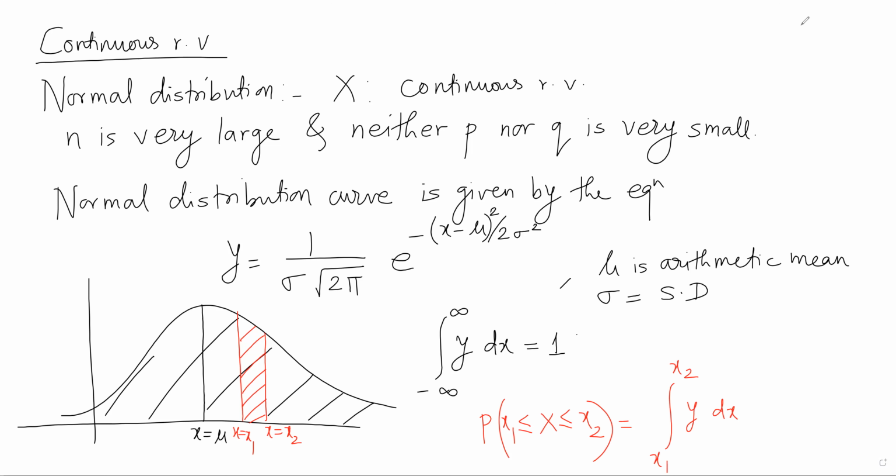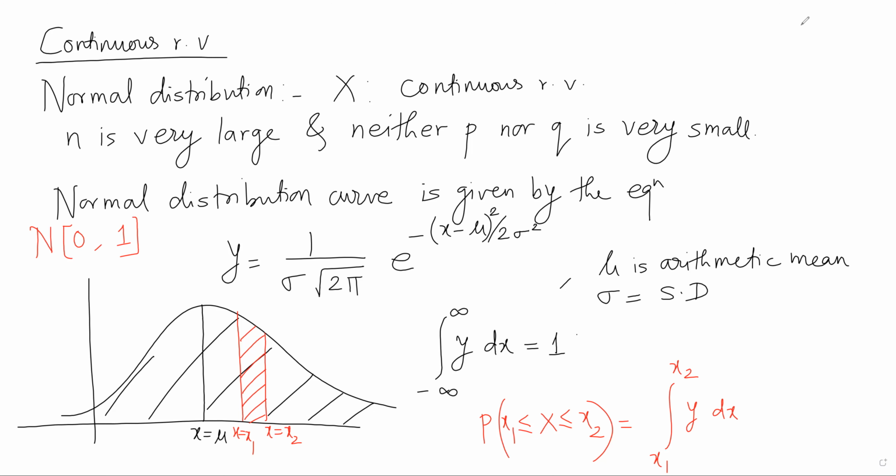This normal distribution is also written in this form. We are just transforming it to the value of mu as 0, so it gets shifted.